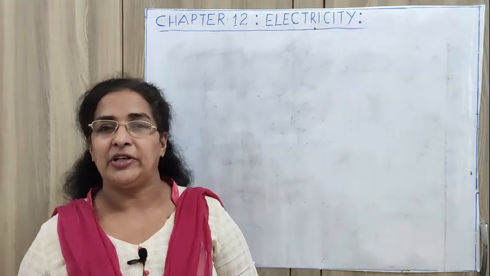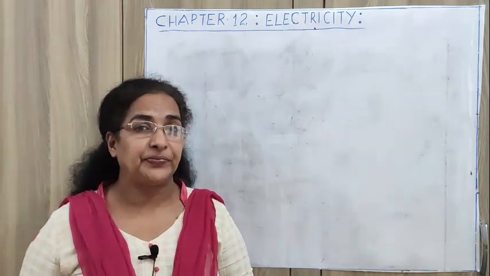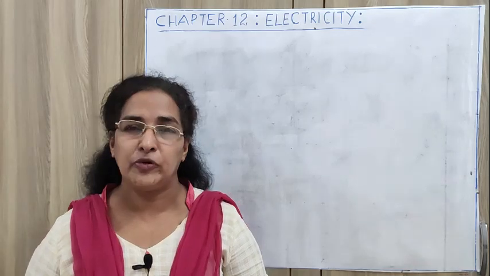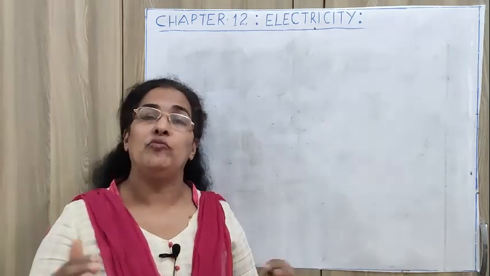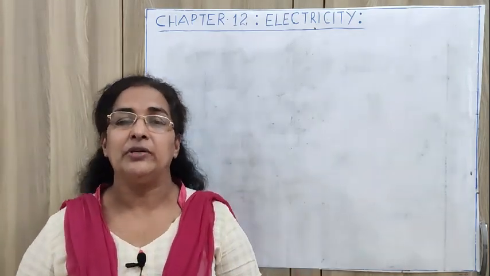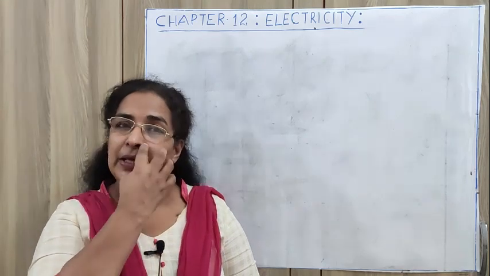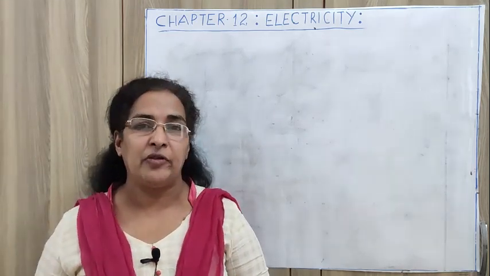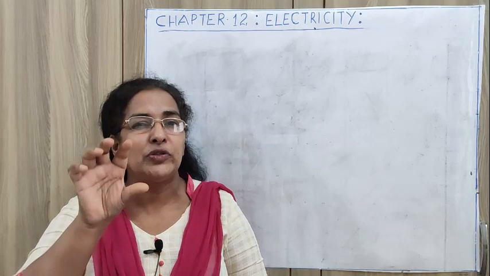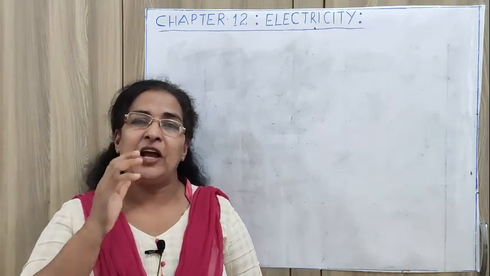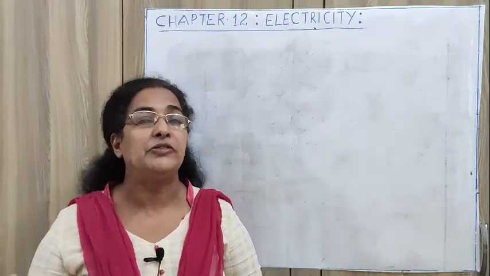And another thing is fuse. You all have heard of fuse. If more current is coming to the circuit, if a fuse is there, the circuit will be saved. What is the use of fuse? The fuse consists of a wire which is having appropriate melting point.